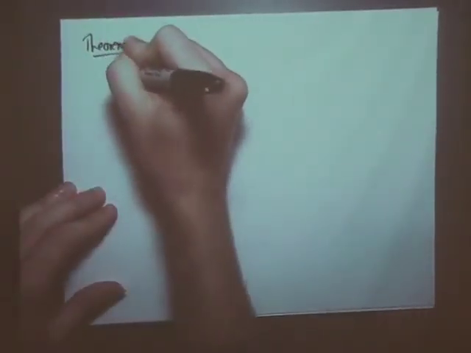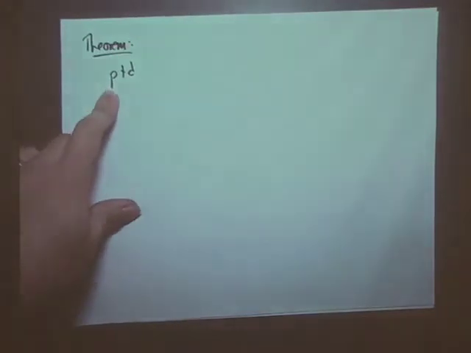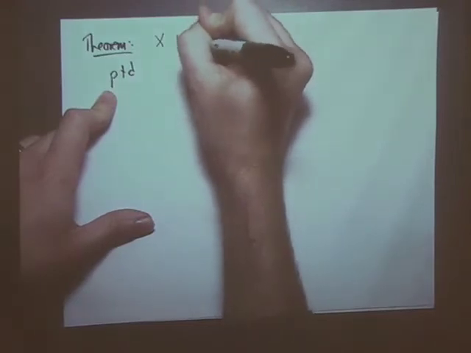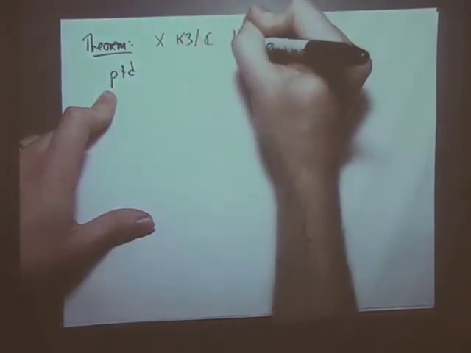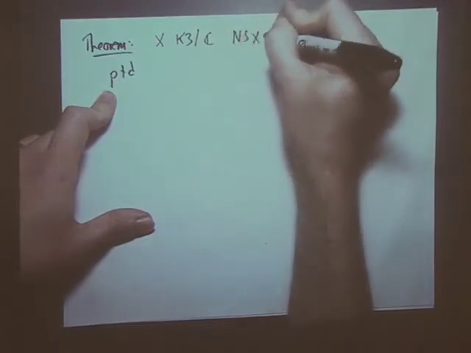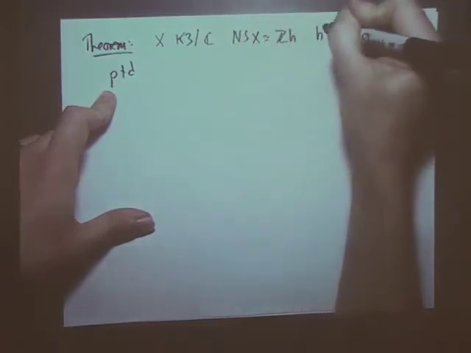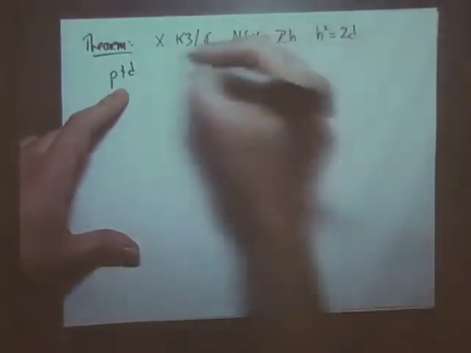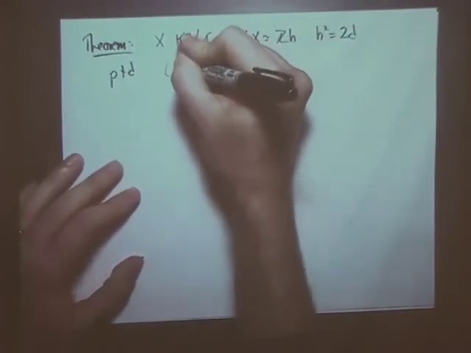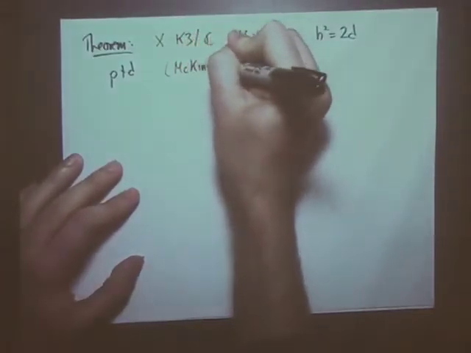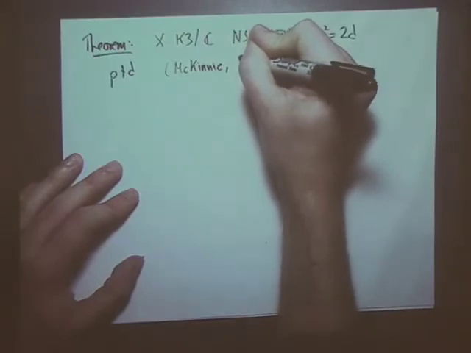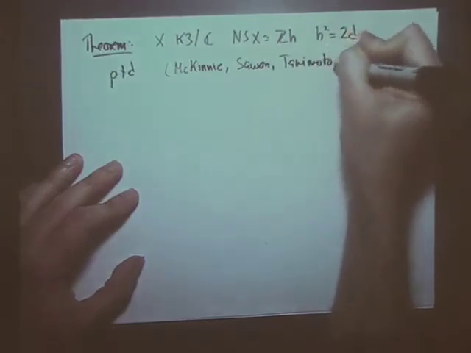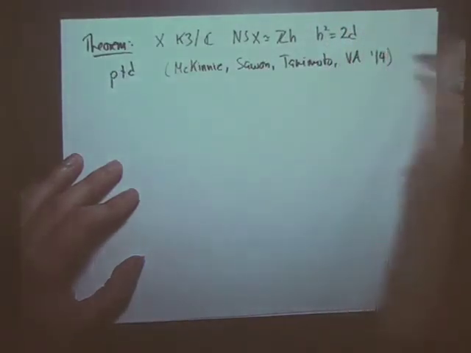Okay, so I'm going to study P torsion on a K3 surface. So X is going to be a K3 over C of degree, so Néron-Severi is going to be ZH, H squared is going to be 2D, and P is going to be a prime not dividing D. And I should say all of this is joint with Kelly McKinney, Justin Sawan, Sho Tanimoto, and myself, in 2014.